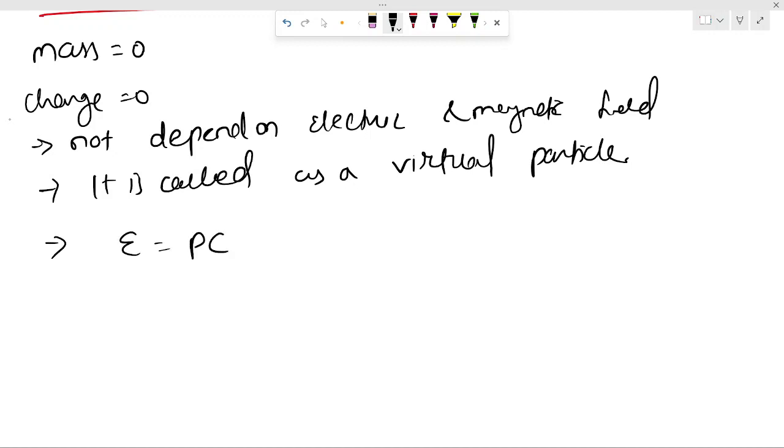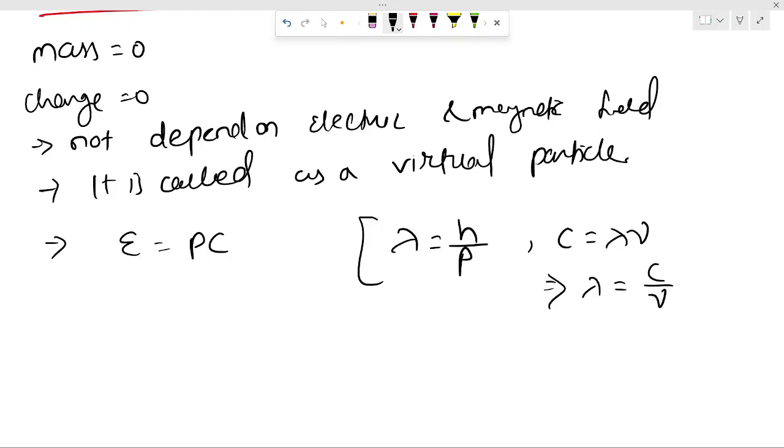How does it come? From the de Broglie wavelength, lambda is h upon p. You know that c, the velocity of light, is lambda into nu, so you can write lambda as c upon nu. From both equations, c upon nu is equal to h upon p.